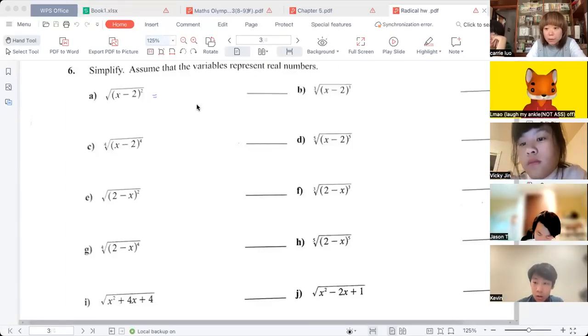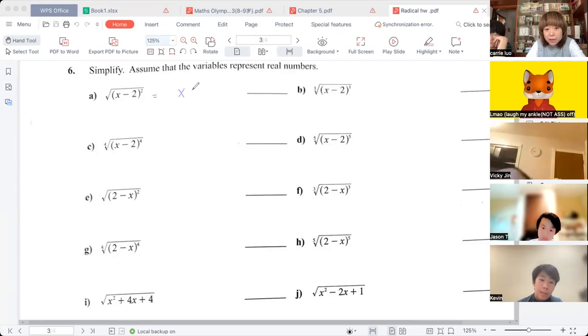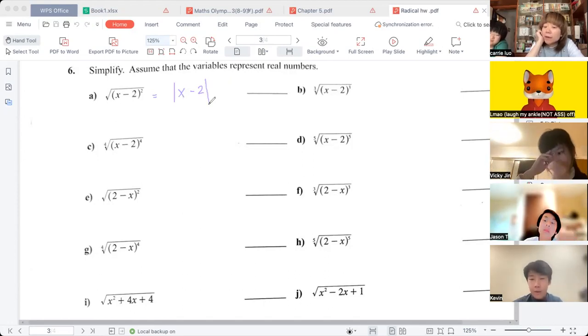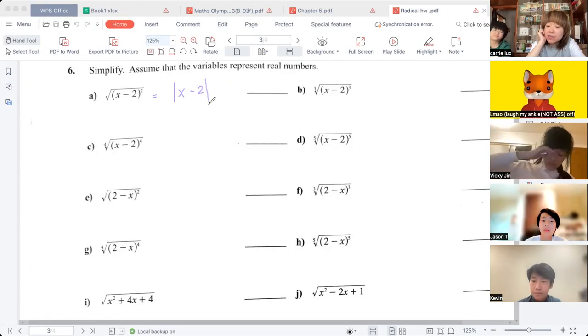Thank you. So when we're doing those questions, x minus 2, I see some students gave me the answer x minus 2. It's not good enough. It's x minus 2 absolute value. Correct? Kevin, Jason?